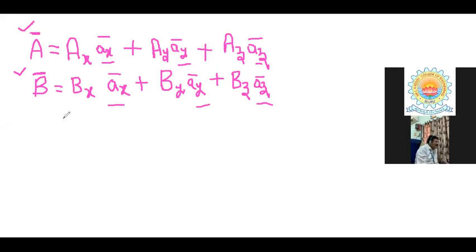Even if you take different vectors in electromagnetic fields, electric field intensity, magnetic flux density, they have different components along the x direction, y direction, z direction. The representation of that is like this. We have to represent the x component and its direction, the y component and its direction, and the z component and its direction.